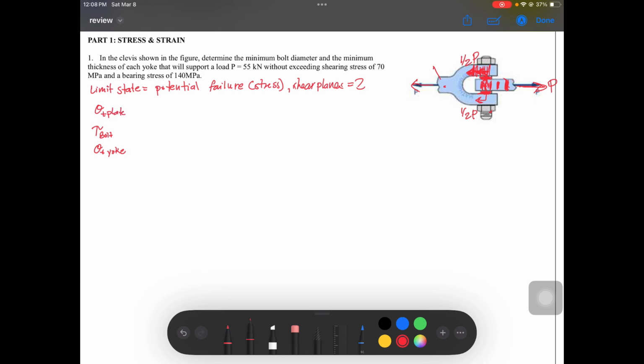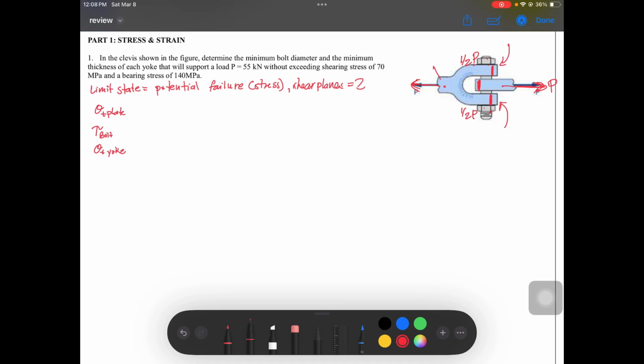And then next, ano pang nangyari dito? So, kapag humila to, para hindi sila kumalas, may bolt, diba? So, anong nangyayari sa bolt? Pinipress niya yung mga sides na to para hindi kumalas, diba?